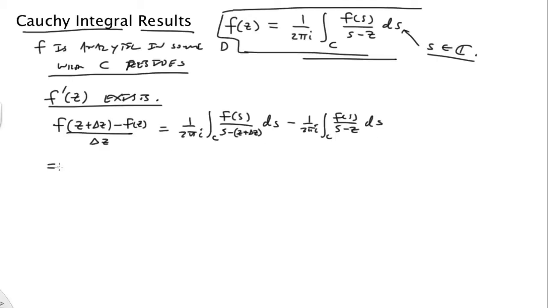Okay, so we can write that a little bit further, as 1 over 2 pi i integral over the contour of f of s, and then really what we have to do here is put this all under one integral.